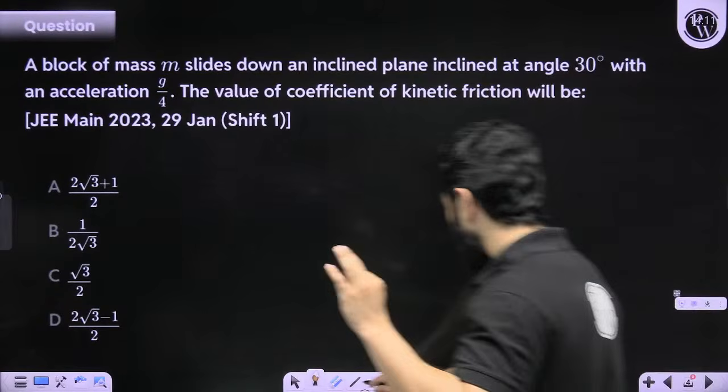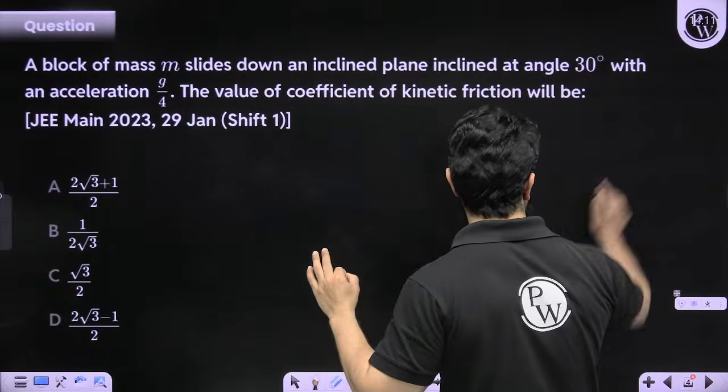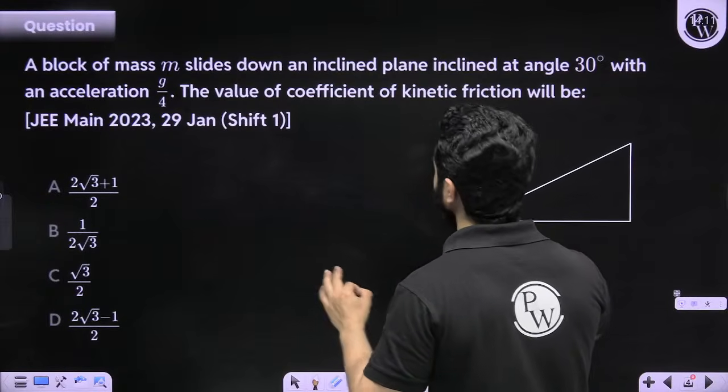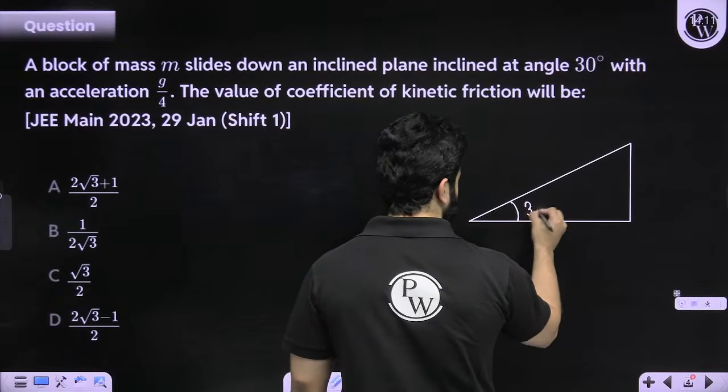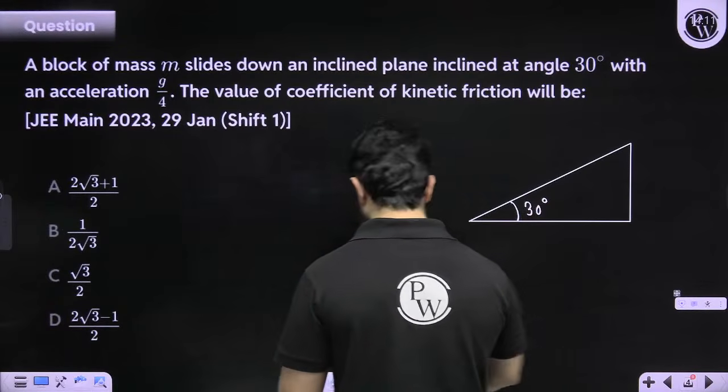Okay. So in this problem, my dear friends, you have got an inclined plane and it is inclined at an angle of 30 degree.